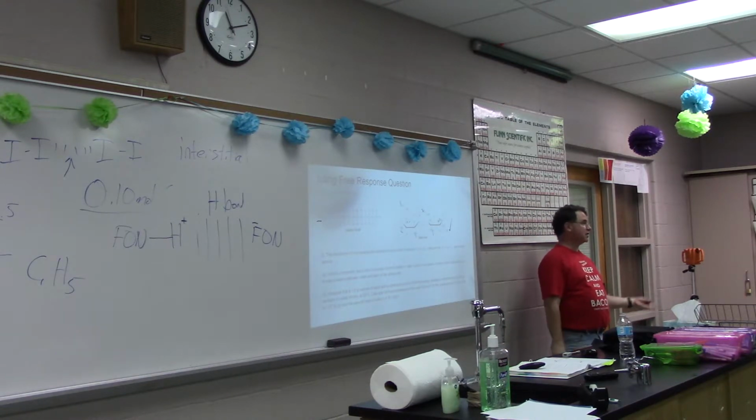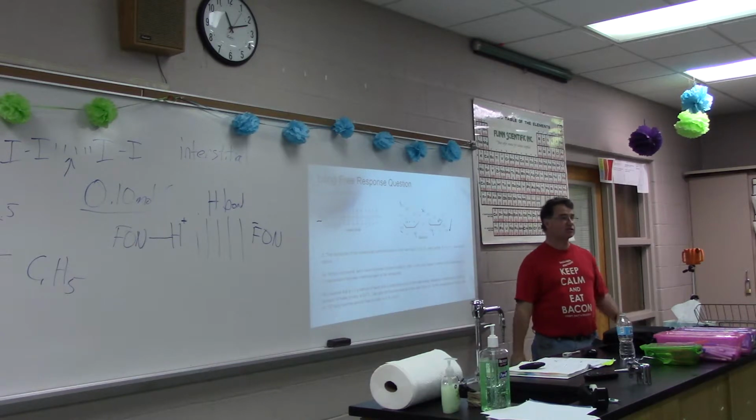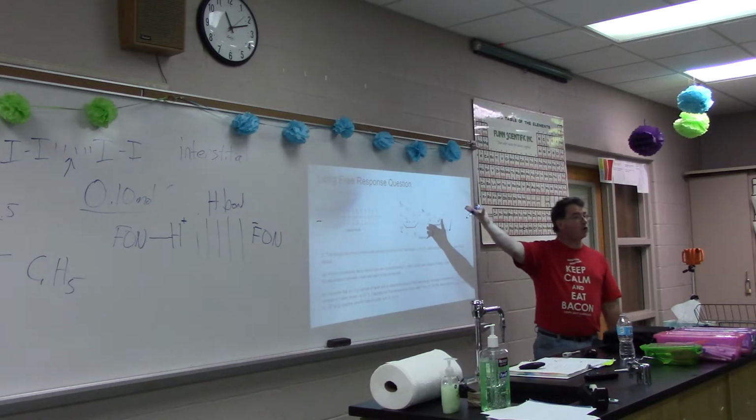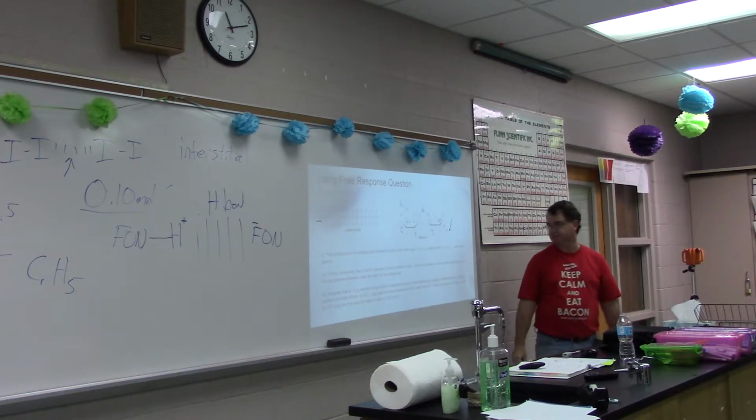So sucrose is going to have more hydrogen bonds because it has more places to bond. This is why sucrose is dissolved in water, because it can form so many more of those hydrogen bonds.